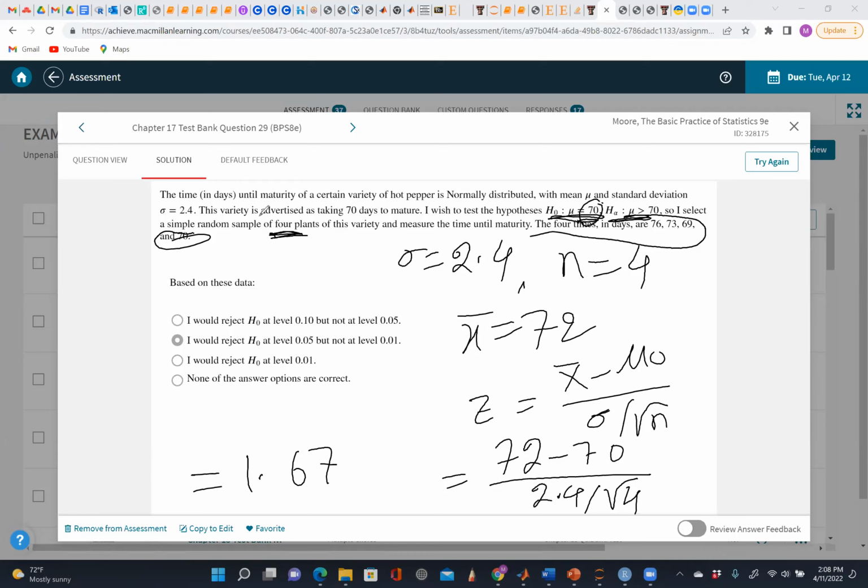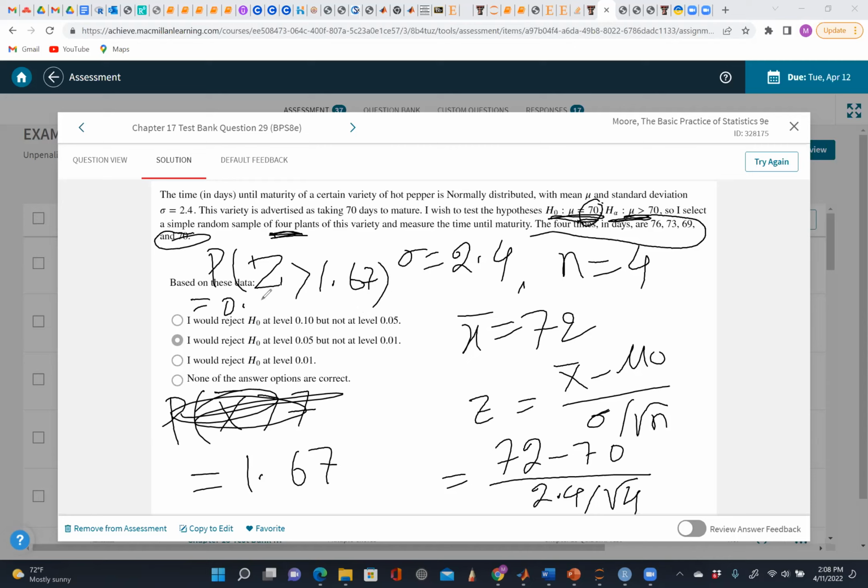To calculate the p-value, this is an upper tail test, so we have to find the probability of Z greater than 1.67, and this probability is 0.0478.